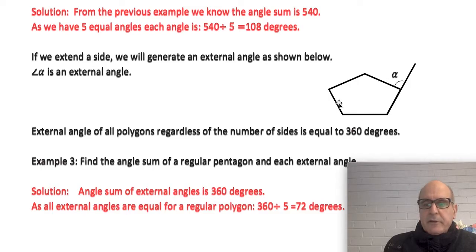If I extend one of the sides, as you can see, then the angle that the extended side makes with the side that's joining it will be an external angle. This letter is alpha, so alpha shows us an external angle, which is this angle.